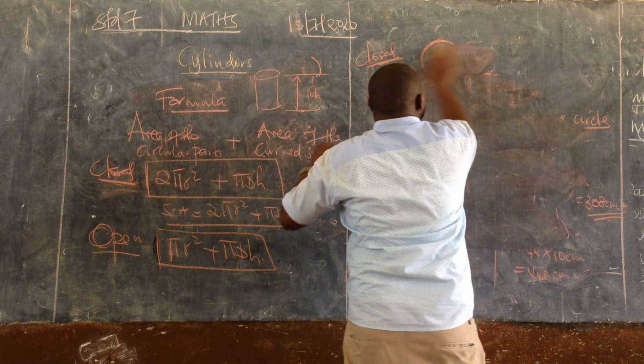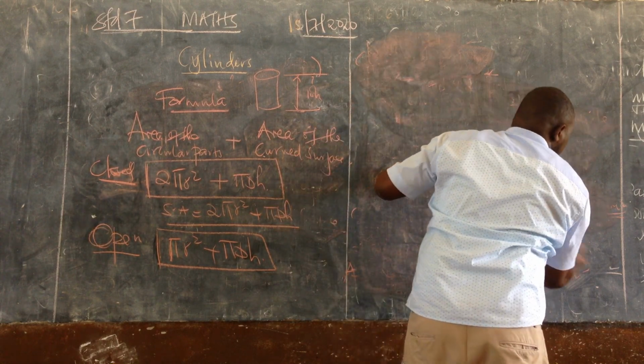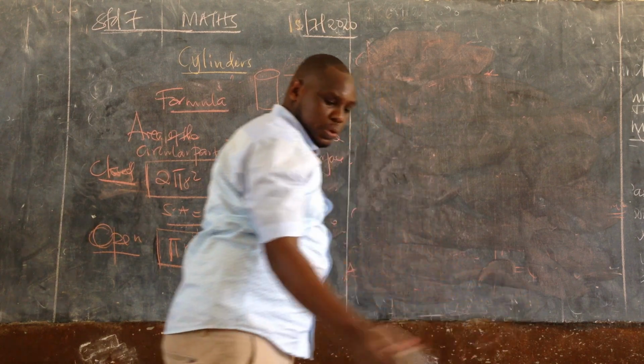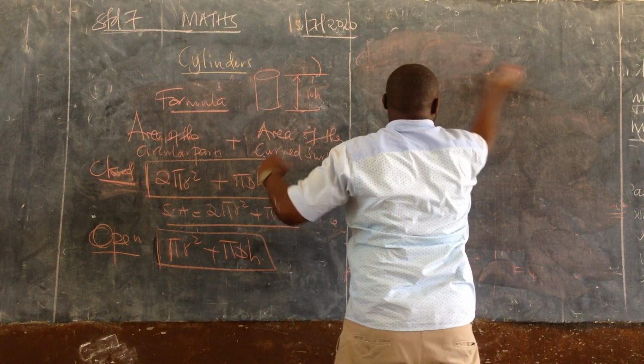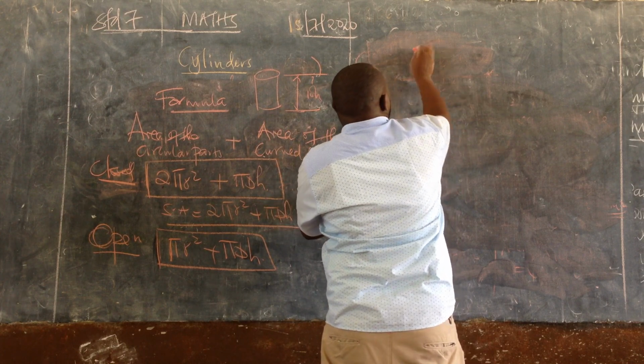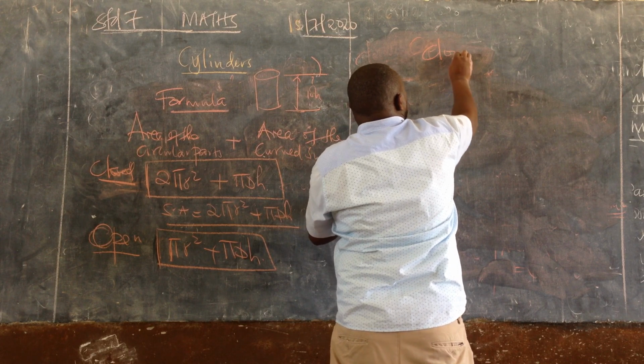So I want to give you examples. Then we are going to use the formulas. Lana, you say, I want to write the formulas as well. Let's begin with the closed cylinder.